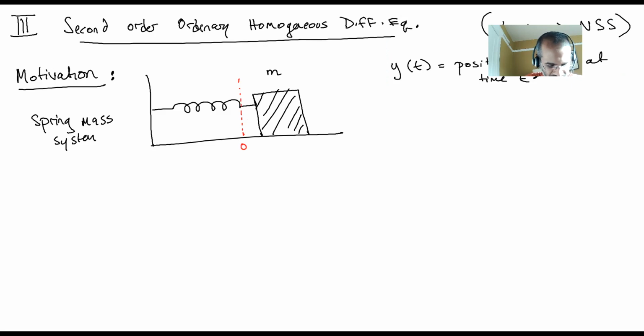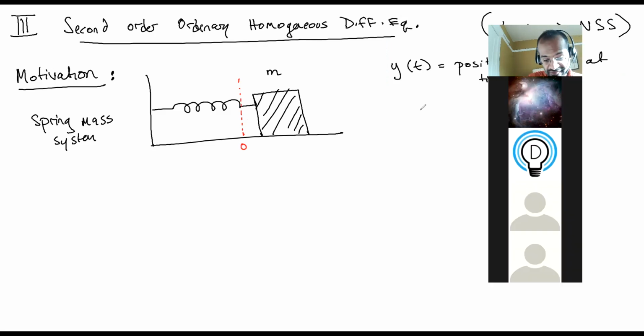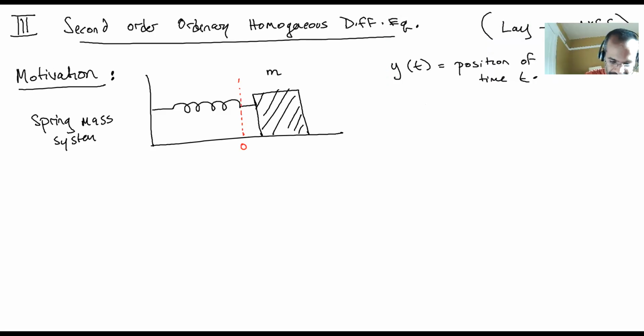In physics, if you have a block like this on a surface, there are 3 classical physical laws that tell you what happens. Let me review them. The first is that the net force acting on the block is equal to its mass times acceleration. That's Newton's second law, where acceleration is the second derivative of position, so this is m y double prime of t.